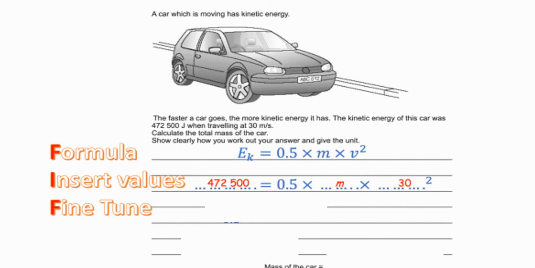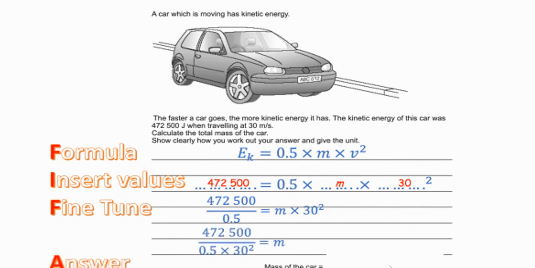So I don't need to convert any units because things are already in meters per second. But I do need to rearrange. So that's my first rearrangement where I'm getting rid of the half. And then the second bit of rearrangement where I also divide by the velocity squared. And then finally, I write down the answer.